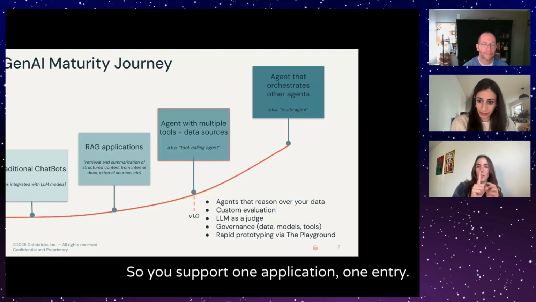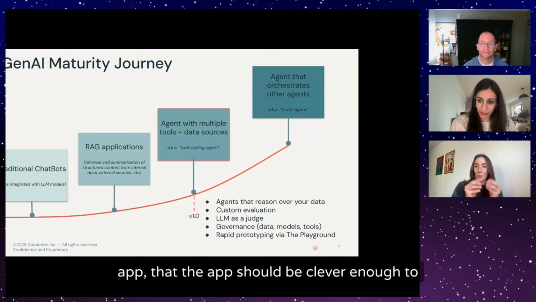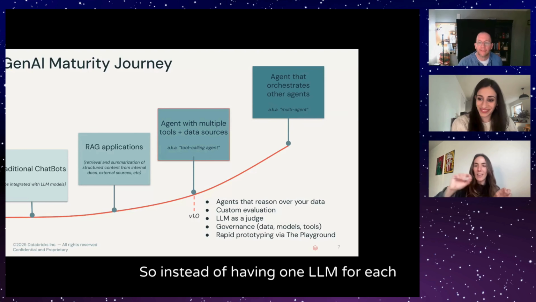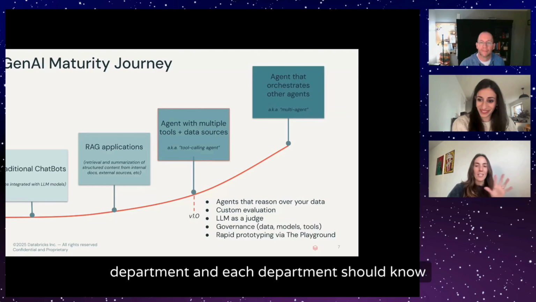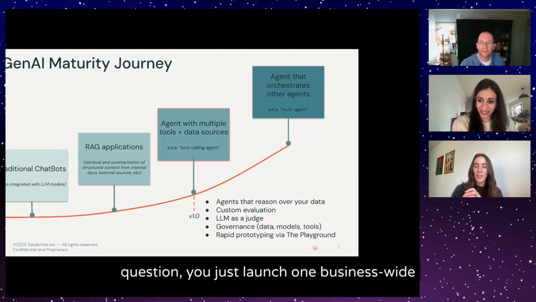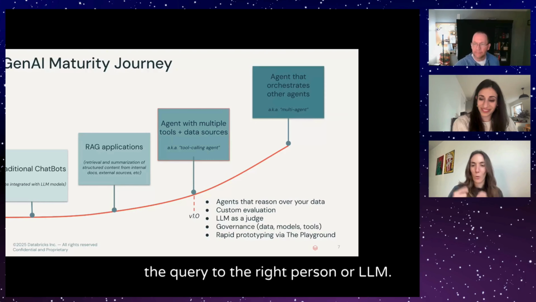You support one application, one entry that people can hit. The app should be clever enough to propagate the query to the right fine-tuned LLM. So instead of each department having to know that it has to go and hit LLM A for this question, you just launch one business-wide app that should be clever enough to propagate the query to the right person or LLM.